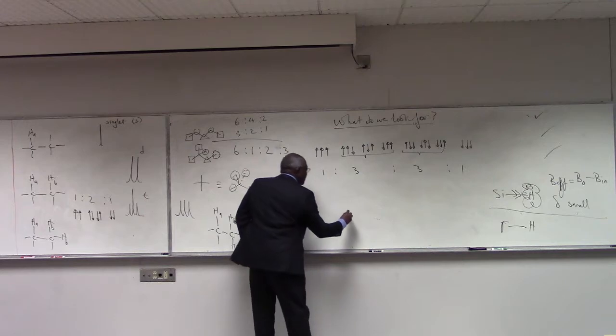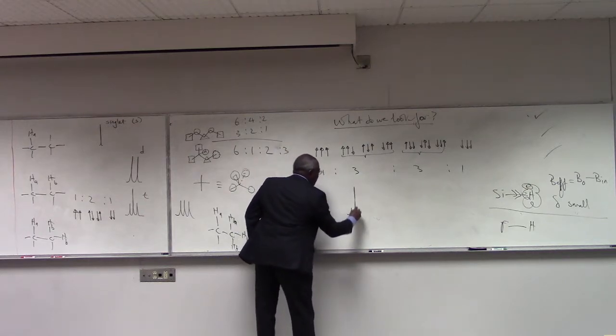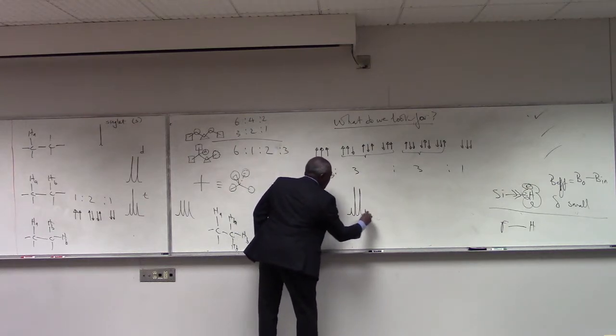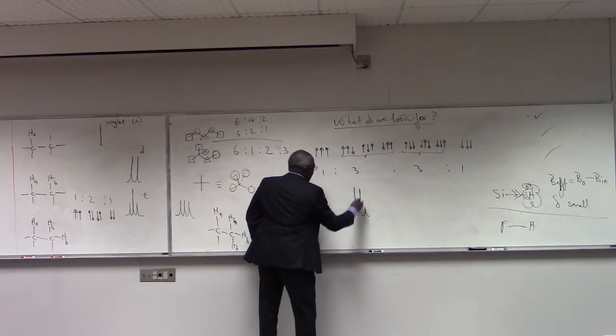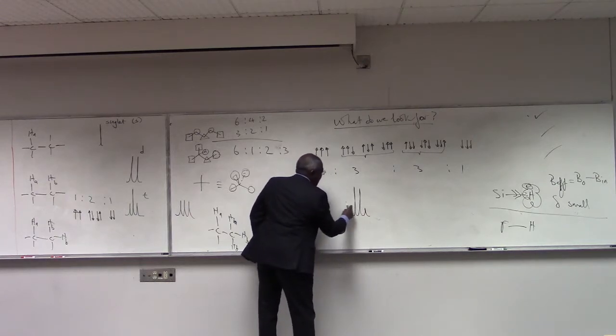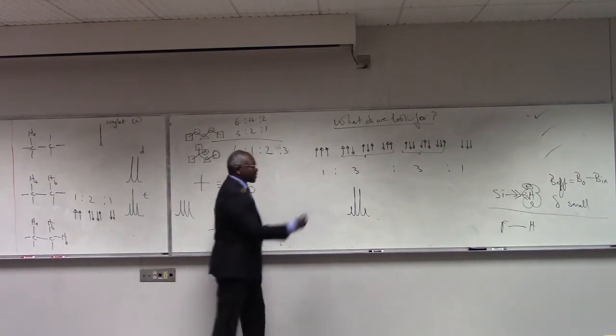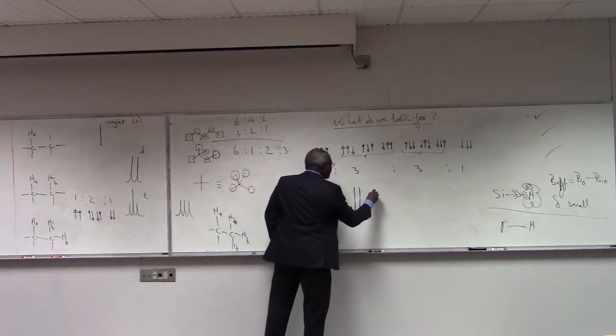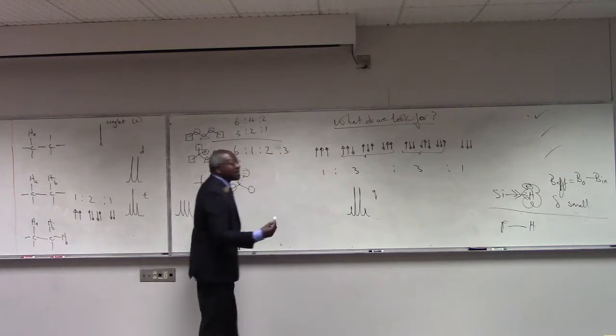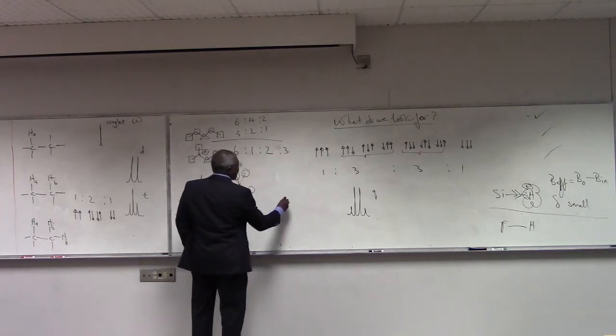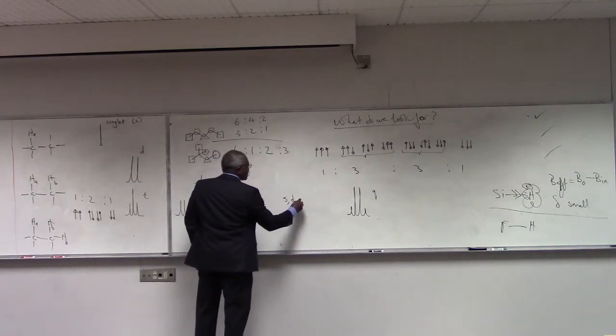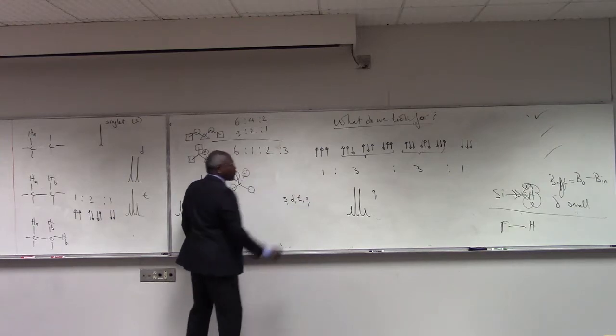But the intensity of the peaks will be 1 to 3, 3 to 1. So something like that. And that's called a quartet, right? So my multiplicities can either be singlets, doublets, triplets, or quartets.